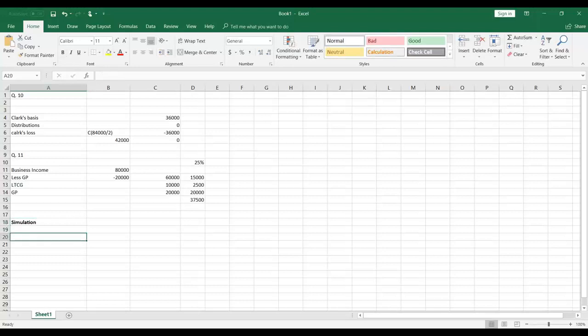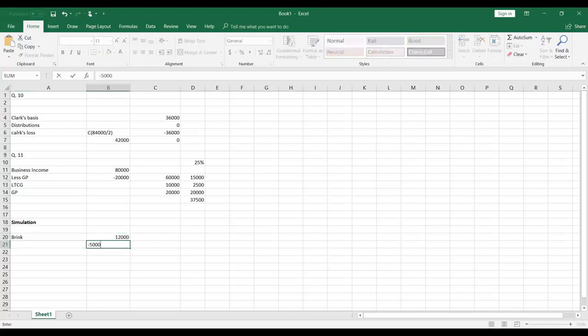So we reduce it from Brinks' adjusted basis of 12,000 and allocate it between all the three partners in the profit sharing ratio, which is 50:20:30. Okay. So Brinks' share will be 12,000 minus 5,000 plus 1,000. That comes to 8,000.